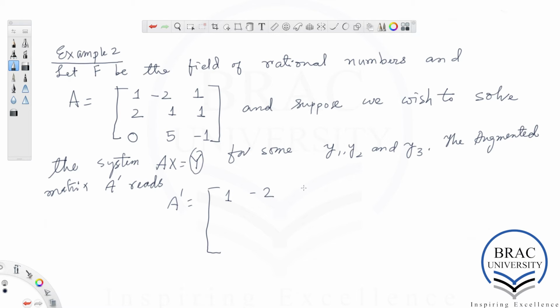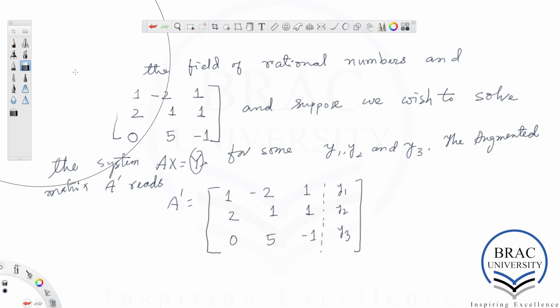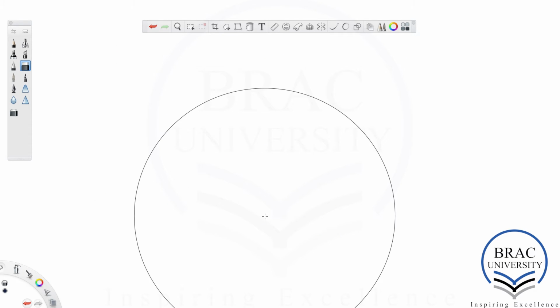So this is going to be 1 minus 2 1, 2 1 1, 0 5 minus 1, that's A, and then we attach this column which is y1, y2, y3. This is y, for certain scalars y1, y2 and y3. This is our augmented matrix. Now the goal would be to row reduce this matrix A prime and convert it into a row reduced echelon matrix.